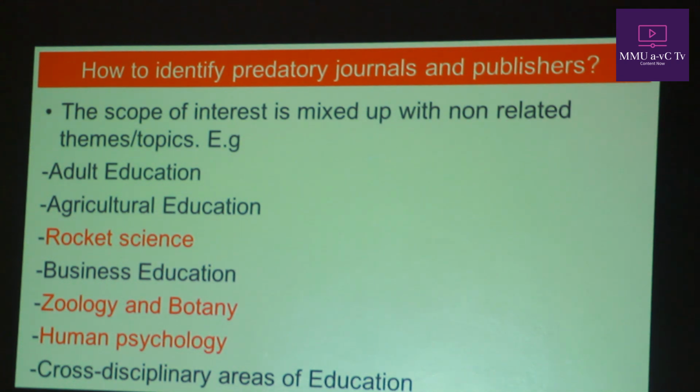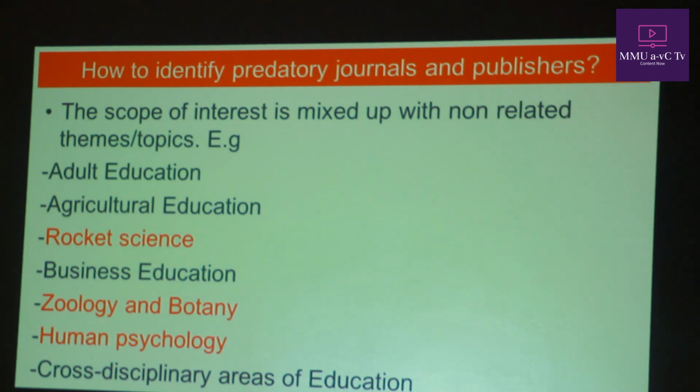Here we give an example. You'll find, for example, a journal saying that one of the items that define its scope is adult education. Then maybe agricultural education. Then you will see rocket science. Then you will see business education. Then you will see zoology and botany. Then you will see human psychology. So, cross-disciplinary areas of education.